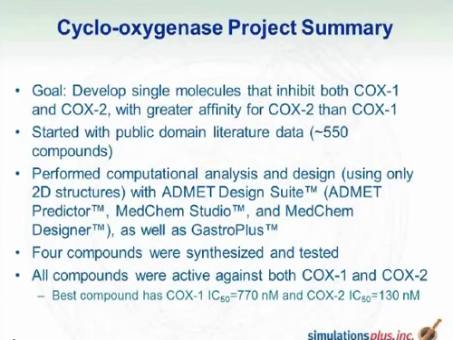So we used our ADMET Design Suite that includes ADMET Predictor for model building and prediction of ADMET properties, MedChem Studio to perform analysis of the compounds and generate new compounds, and MedChem Designer. We also used GastroPlus to perform PBPK simulations on the molecules.